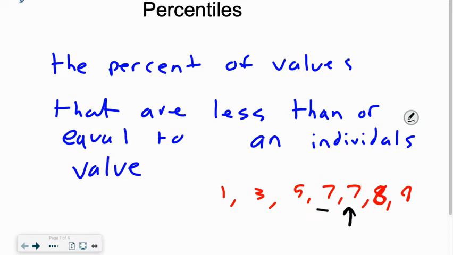So there were 4 out of 7 that were less than or equal to Mr. Nansky's score, which is about the 57th percentile. So as percentiles go, the higher the percentile, if it was test scores we were talking about, the better you did on the test.